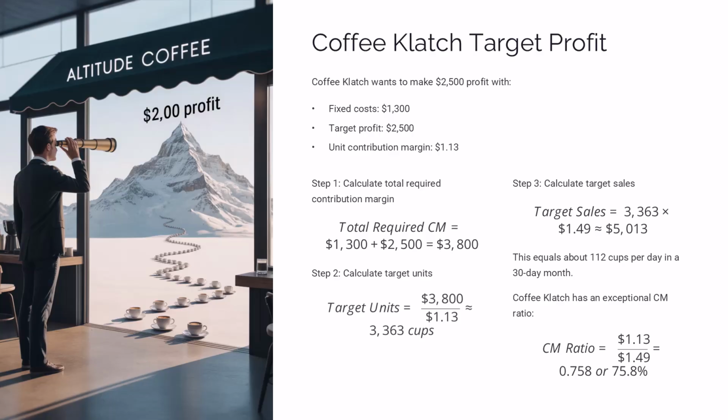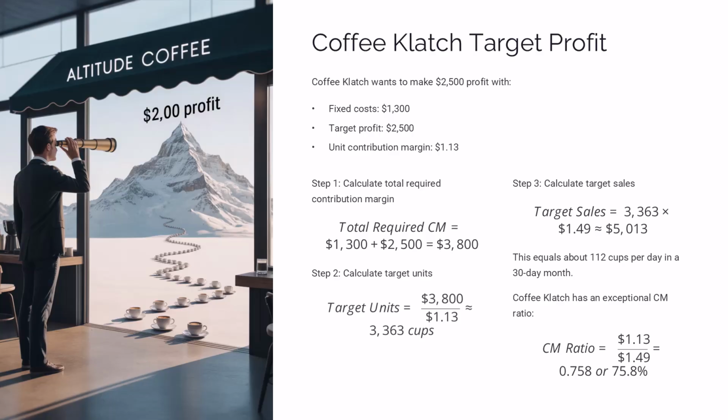The critical insight that will definitely be on your exam is that CM ratio equals $1.13 divided by $1.49 equals 0.758 or 75.8%, which is exceptional and explains why coffee shops are everywhere despite high real estate costs, because once they cover fixed costs, 3/4 of every dollar drops to profit, making the business model incredibly attractive once you reach scale.